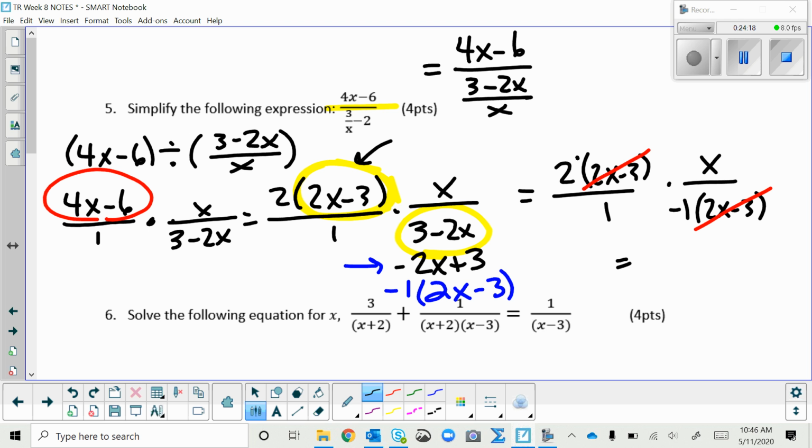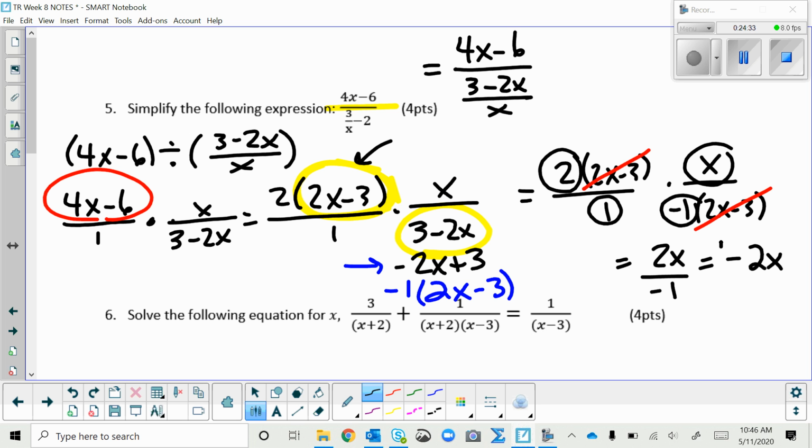We have 2 left over here times that x. Multiply across the bottom, 1 times -1. And we can leave our answer like that or just like this, -2x. Okay. So that's a long problem. You have to take it in stages.